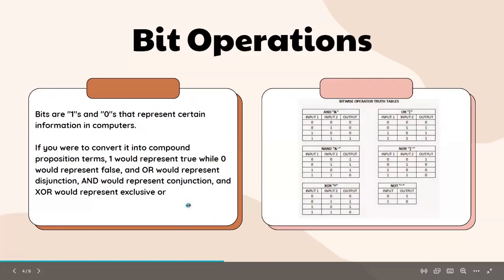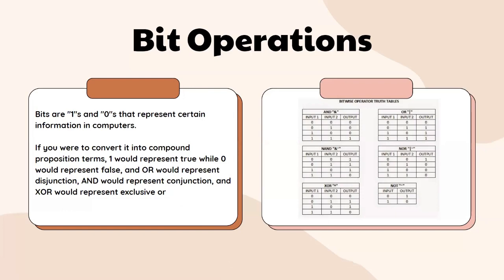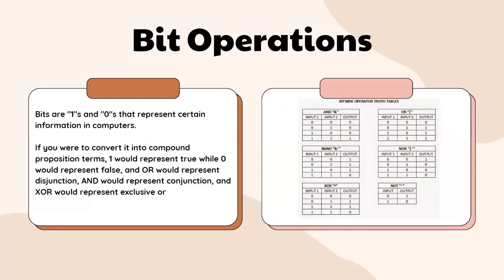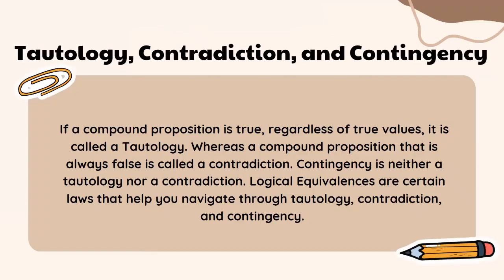Later on, I will be showing you how to make a truth table so that you would further understand the concept between the proposition and bit operations, but more on that later.